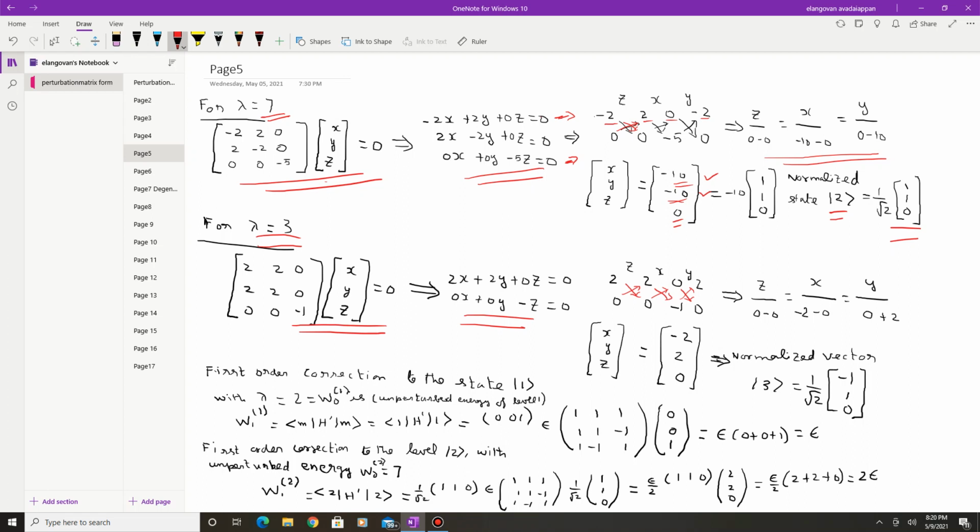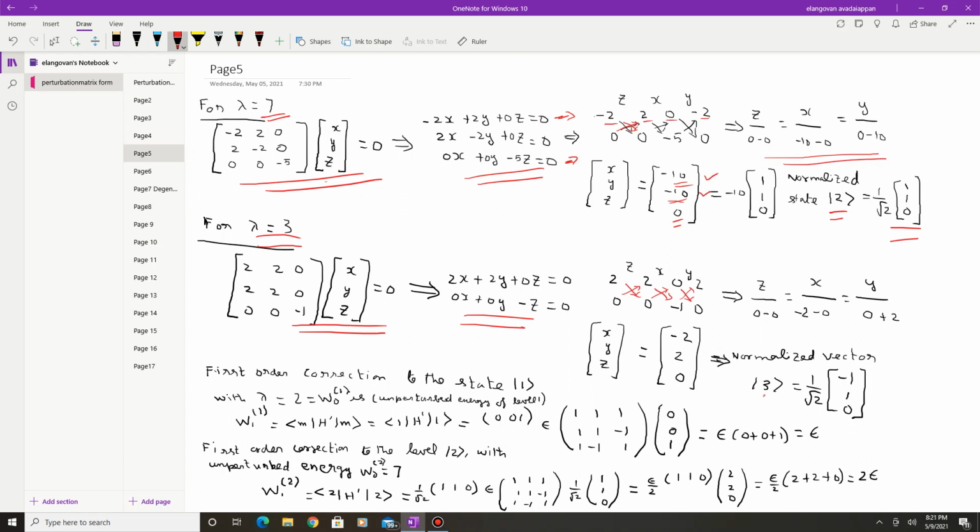So this is your third vector, and once you normalize this vector, you will get 1 by root 2 of minus 1, 1, 0. So if it is diagonal, the problem is simple because the diagonal elements are the eigenvalues, and the vectors are 1 0 0, 0 1 0, 0 0 1.